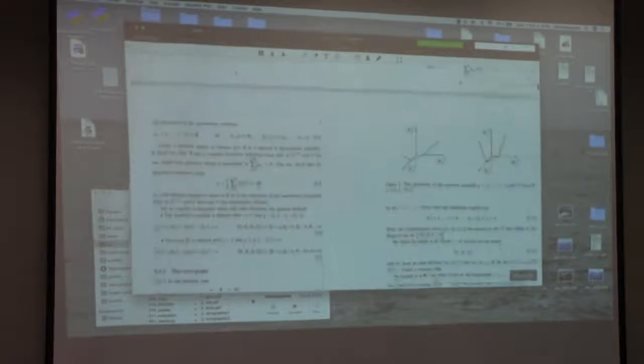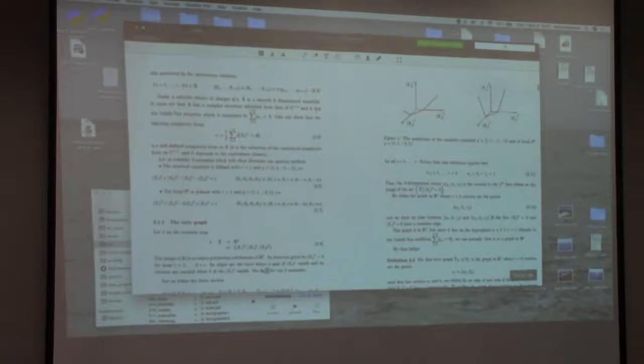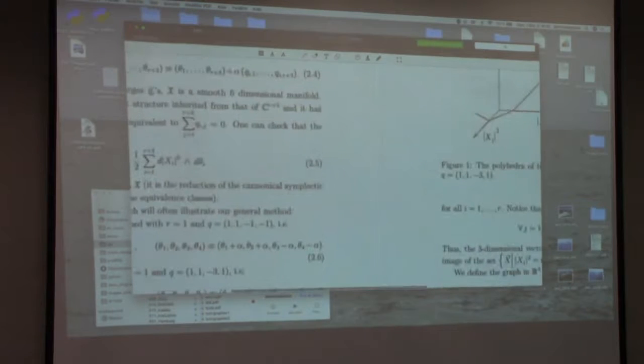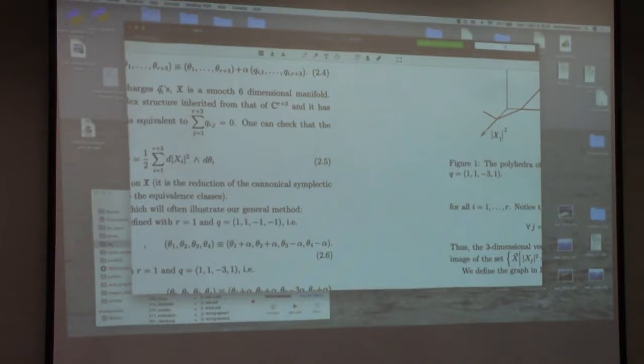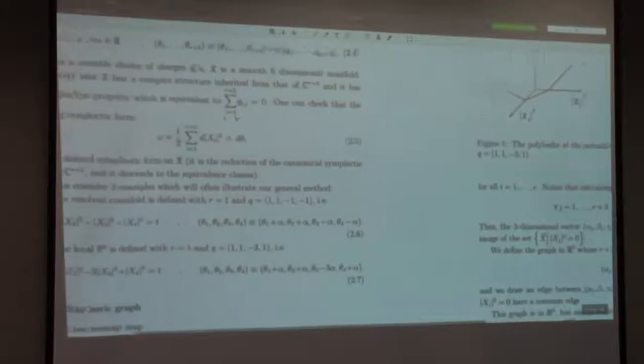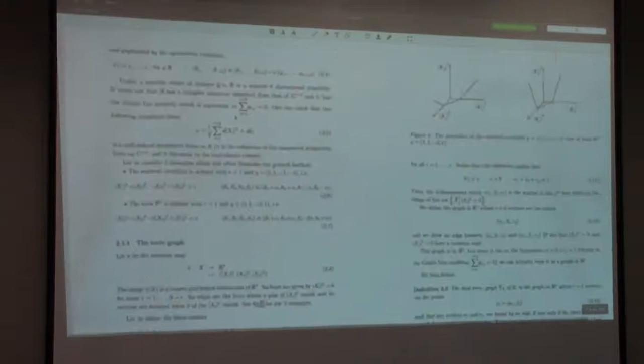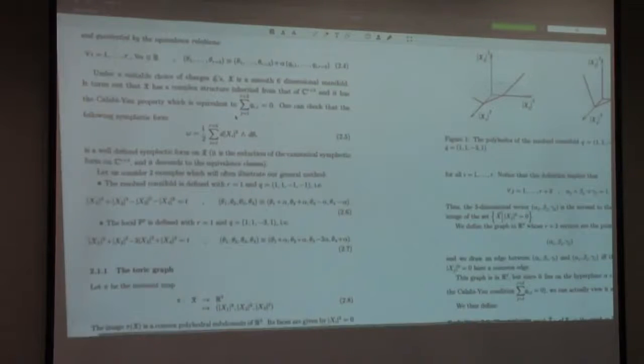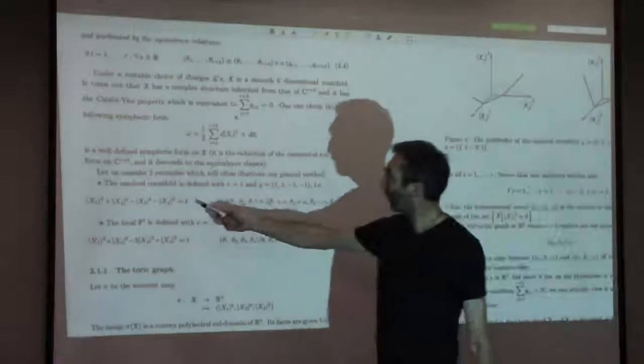Let me take two examples of Calabi-Yau threefolds. One is the resolved conifold.